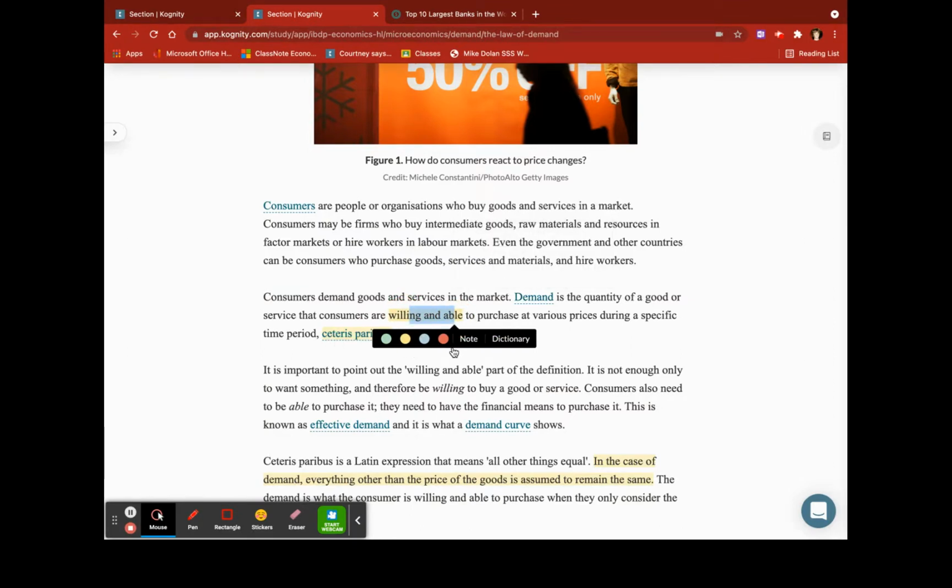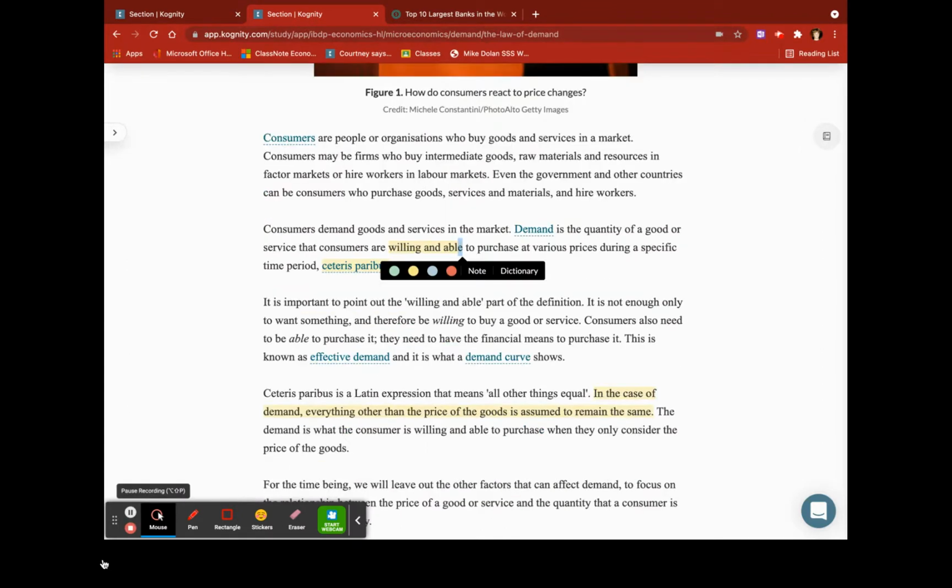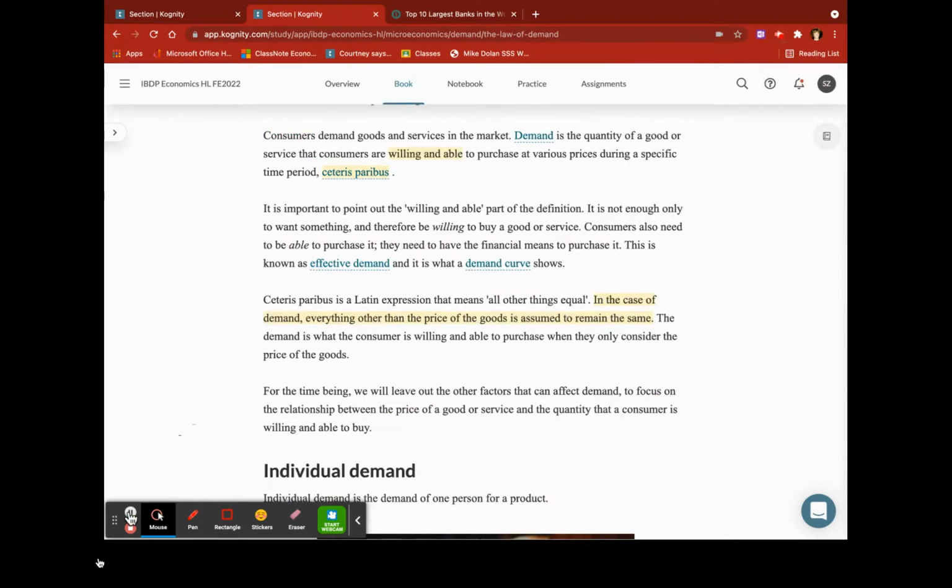You have to have the financial means and ability to purchase it to be included in the law of demand. The other definition that's very important to understand is ceteris paribus, or all things being equal. That is basically saying the law of demand holds every other factor, and we'll talk about many of these factors that might affect demand, equal when it talks about demand.